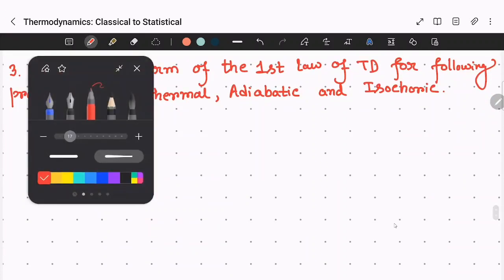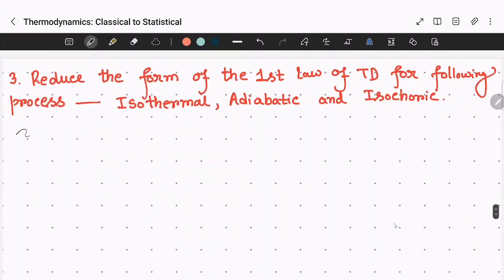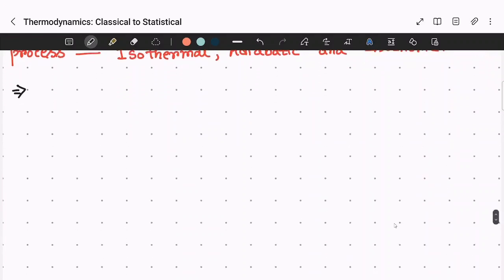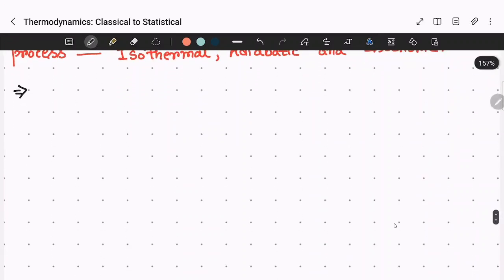Okay. So what is the first law of thermodynamics? There are several expressions for the first law of thermodynamics because there are several conventions we can consider. The IUPAC, the international convention is there, but in physics there are some different conventions. So we'll consider our IUPAC convention here, which says that del U is basically Q plus W. Del U is the change of internal energy, Q is the heat, and W is the work done.